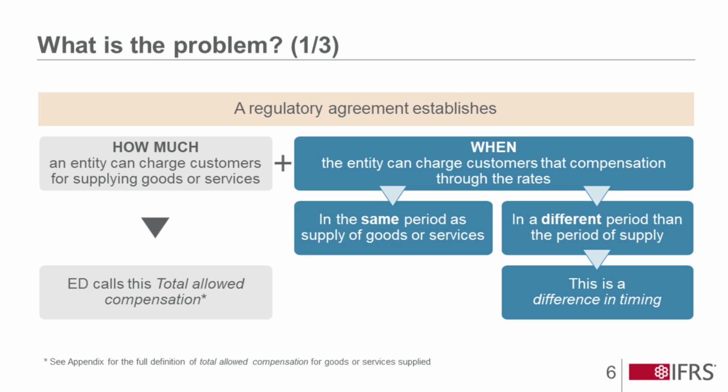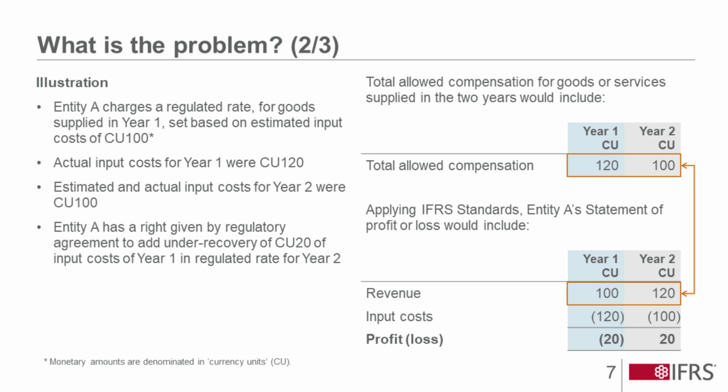Let me give you an example to better explain it. Let's assume the regulated rate an entity charged for goods supplied in year 1 is based on estimated input costs of 100, but the entity actually incurs input costs of 120.